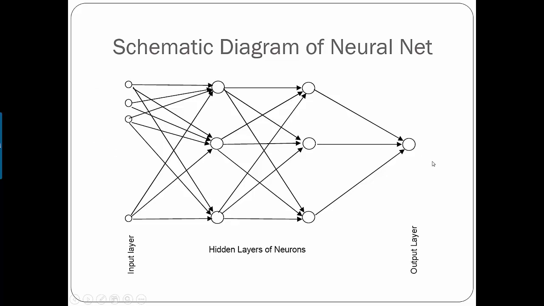And on the far end, we have the output layer where we have the prediction in case of an interval target, or classification in the case of a class output. Then in between there are a bunch of layers.